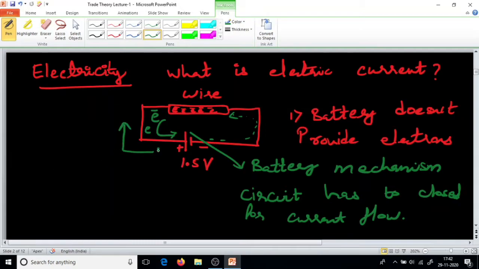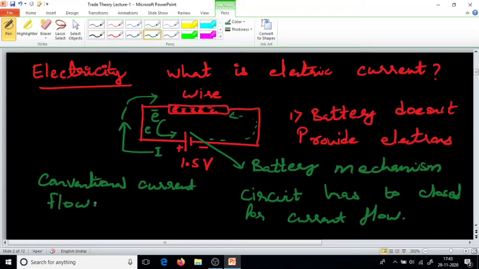Current flow will be in this direction, going like this. That is the conventional current flow. This is just a basic idea. It will be clear after around 5 lectures. You will be thorough about it.